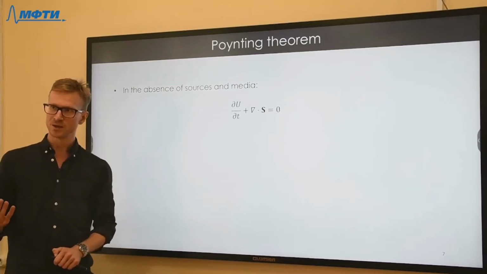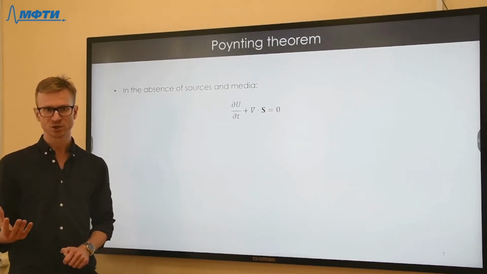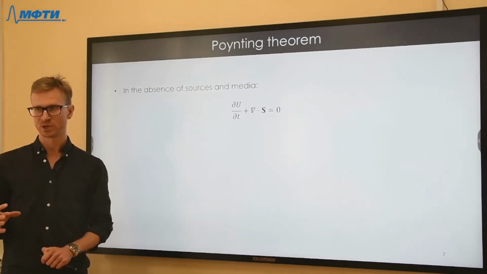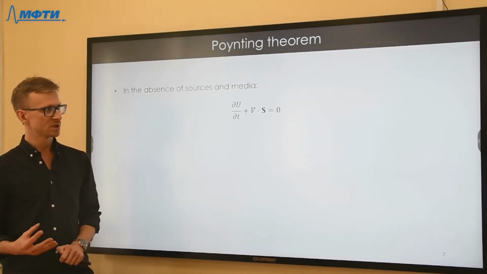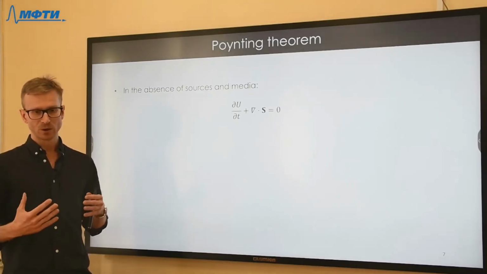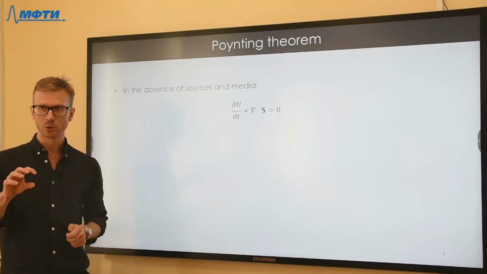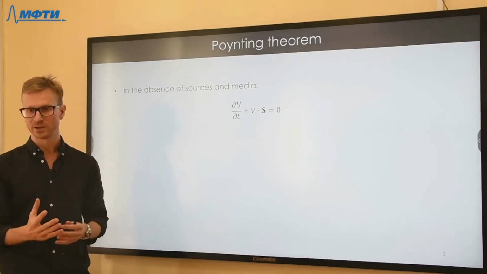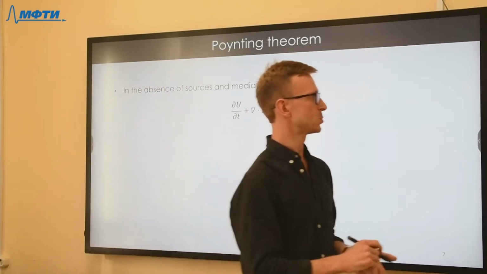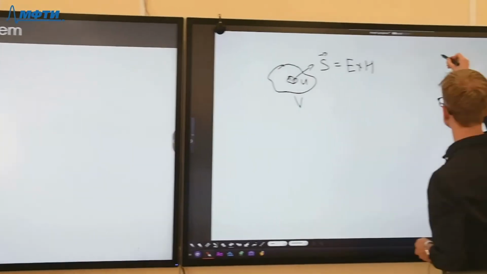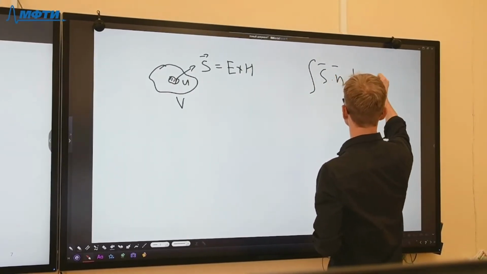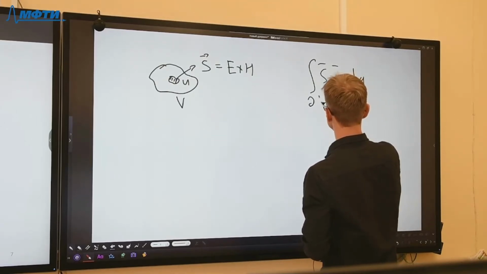So this way, the rate at which the electromagnetic energy changes locally is only dependent on the divergence of the Poynting vector S. Divergence is a measure of how much incoming or outgoing energy flux you have locally at this point, not through the entire boundary of your volume V. Whereas in the integral formulation, we have S times n dA, which we integrate over our boundary.